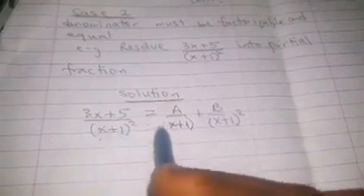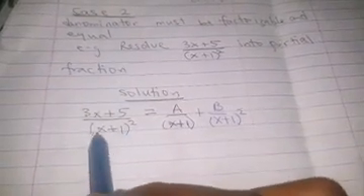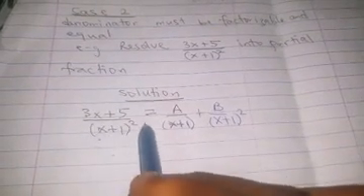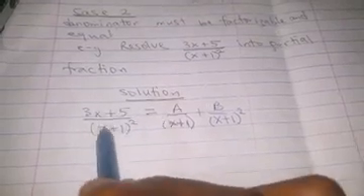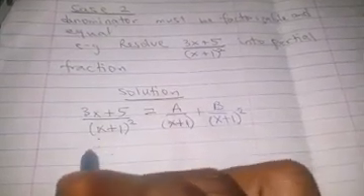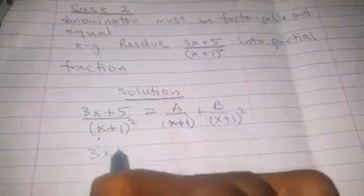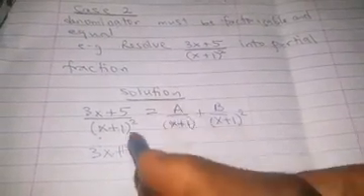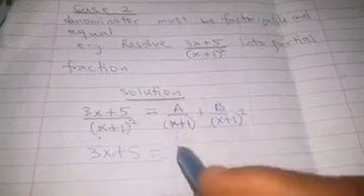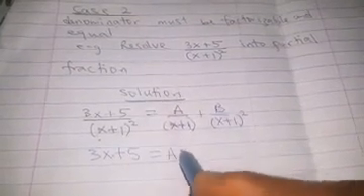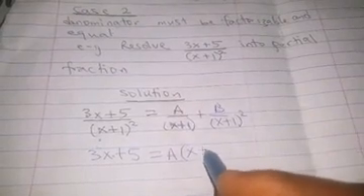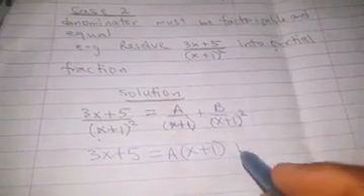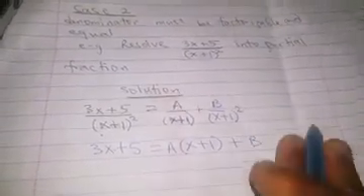Okay, so if we multiply through now, the next stage is to multiply through by x plus 1 squared. This would be 3x plus 5 equal to, multiply this by this, x plus 1 will cancel one of these. I'll be left with a into x plus 1, then plus b.